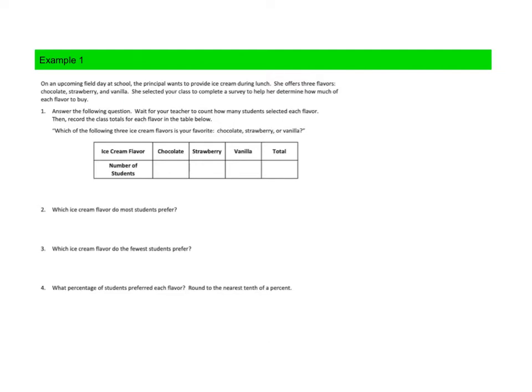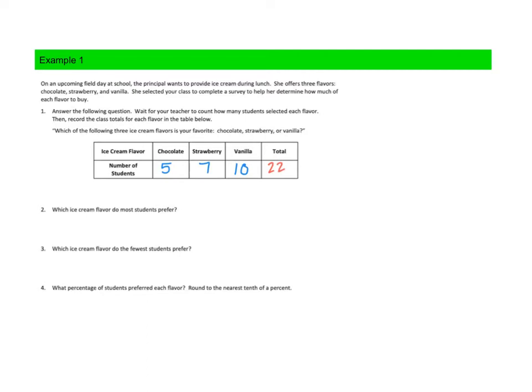So let's just write 5 for chocolate, 7 for strawberry, and 10 for vanilla. So imagine I sampled you guys and 5 of you told me you liked chocolate the most, 7 strawberry, and 10 vanilla. And then we want to always put our total at the end. So we have a total of 22 surveyed.